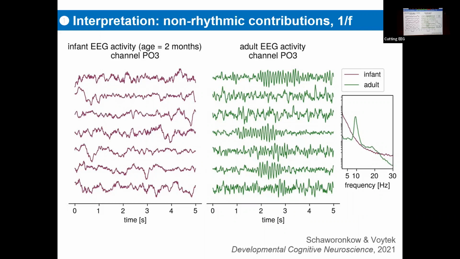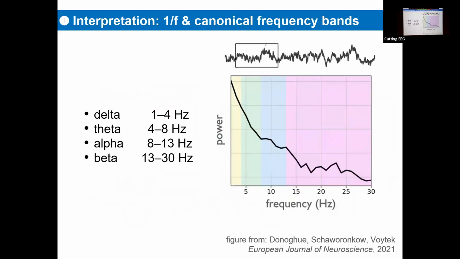In the EEG, MEG world, there's this notion of canonical frequency bands. You typically divide your spectrum into specific regions, which you then give some funny names. For the alpha frequency band, it would, for instance, be 8 to 13 hertz.